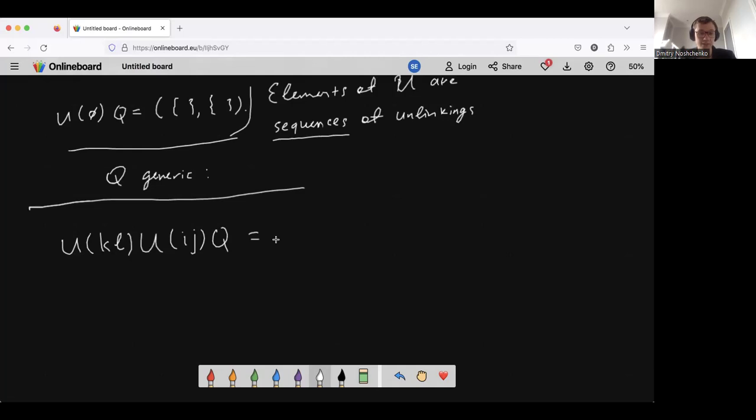Can we say that these two operations commute, for example? That is, is it equal to U_ij U_kl Q? Any questions?